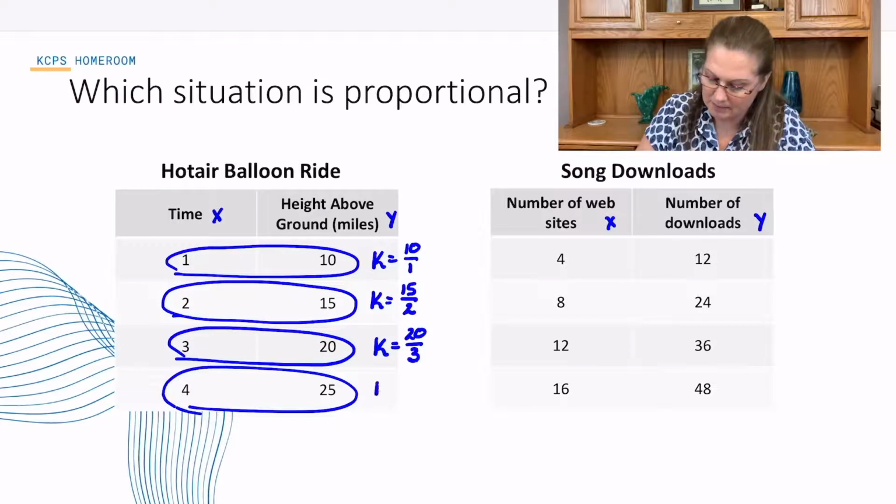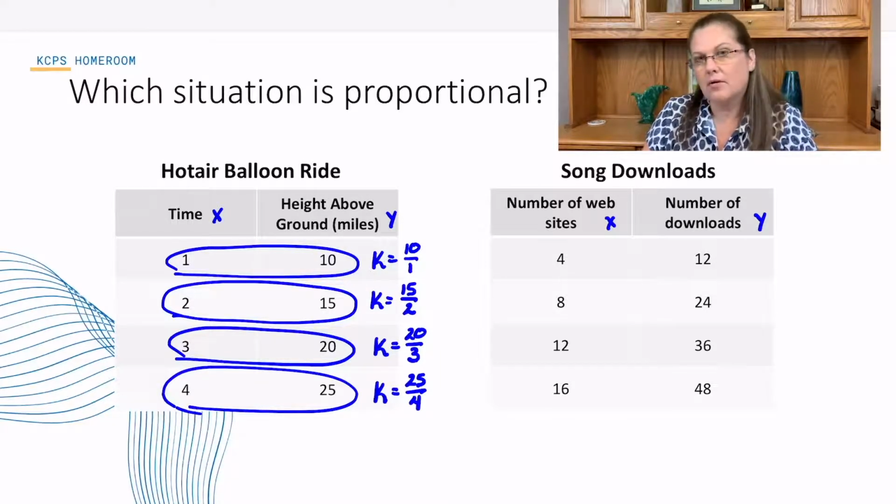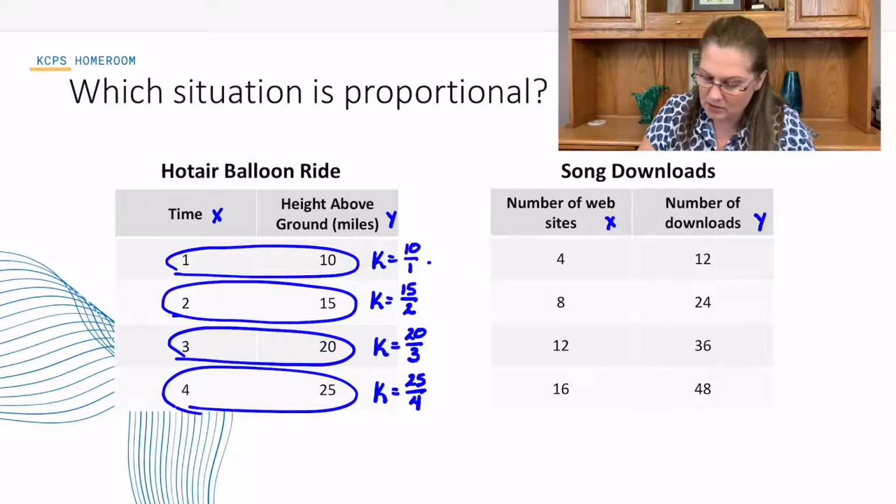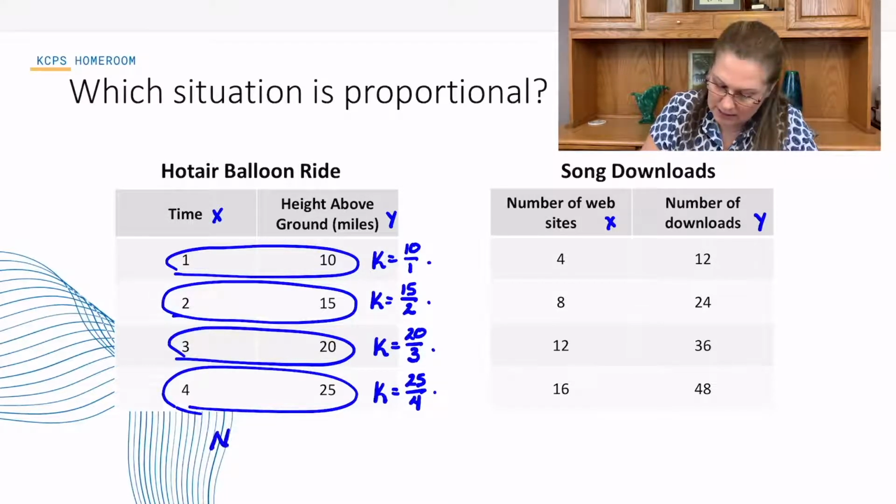We can't. And the same, let's do 25 over 4. The only prime factor of 4 is 2. 25 does not have 2 as a factor, so that is simplified as well. You'll notice that each of these constants or ratios is different. So this particular table is not proportional.